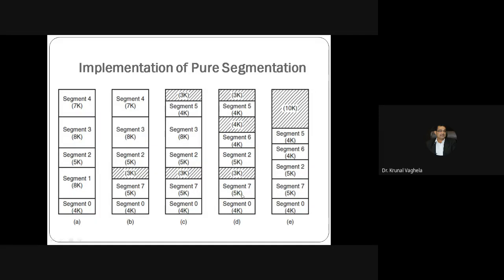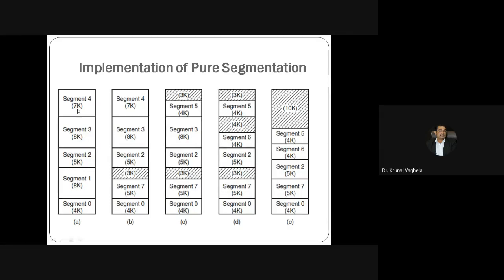Now how will it be implemented? This is the implementation of pure segmentation. You can see there are multiple segments: segment 0, 1, 2, 3, 4, and the sizes are mentioned in brackets: 4K, 8K, 5K, 8K, 7K.